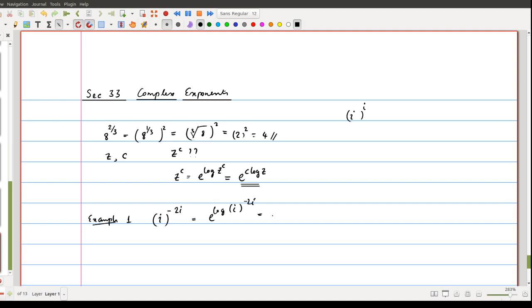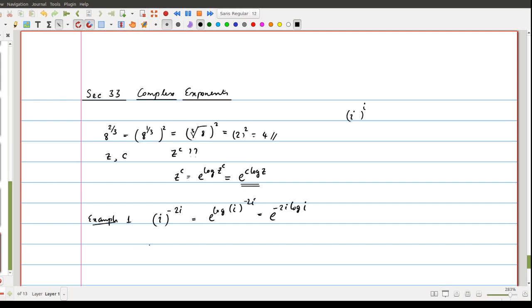This can be written as e to the power minus 2i times log i. So we will evaluate the exponent first, minus 2i log i. So that is, i to the power minus 2i is e to the power minus 2i log i.